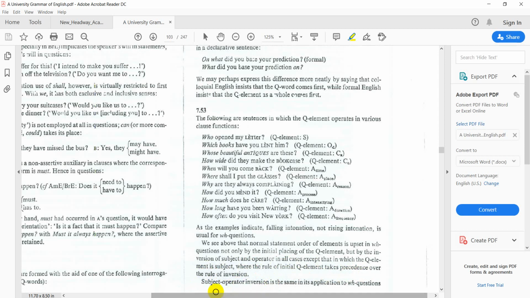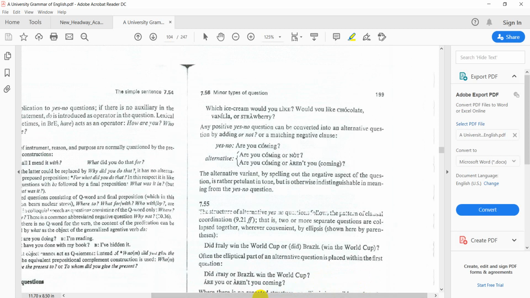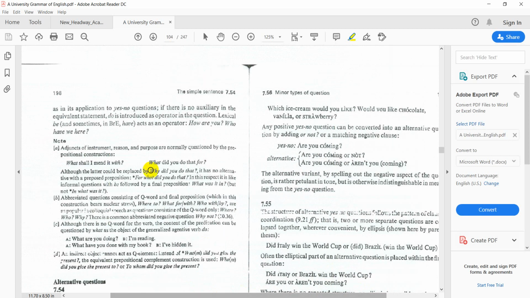Subject-operator inversion is the same in its application to WH questions as in its application to yes/no questions. So when we separate the operator from the subject and put it in initial position, it is the same as we did with yes/no questions.